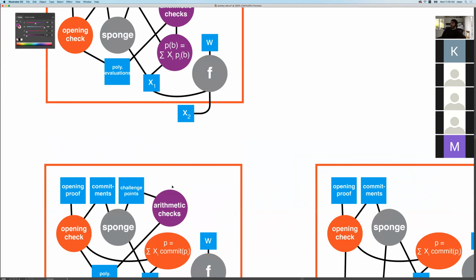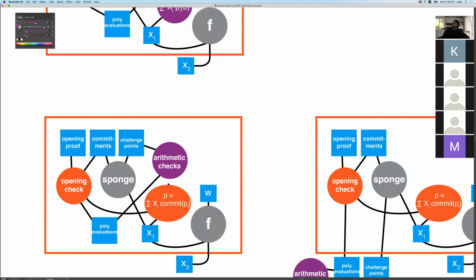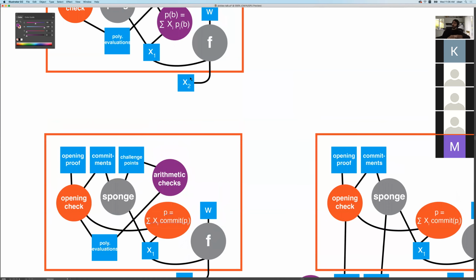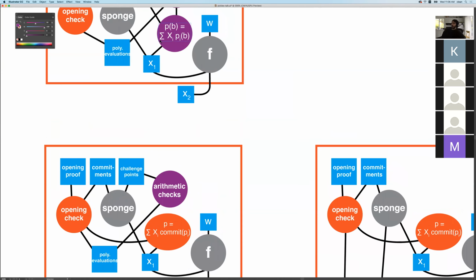So what's the trick? The trick is to use the fact that our polynomial commitments are additively homomorphic. What does that mean? It means that we can compute, using the orange computation, a commitment to the polynomial p, this sum over i of xi times some polynomial pi. We just compute the commitments to pi statically, since they're fixed polynomials.